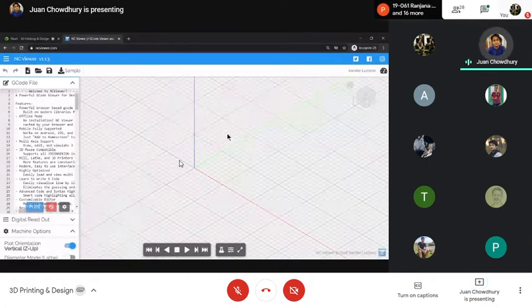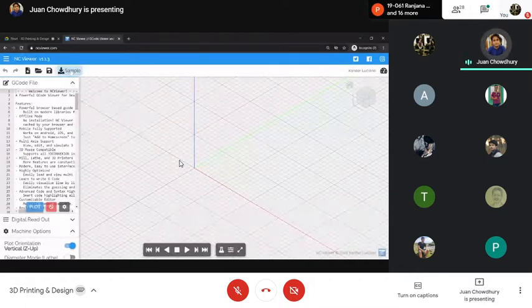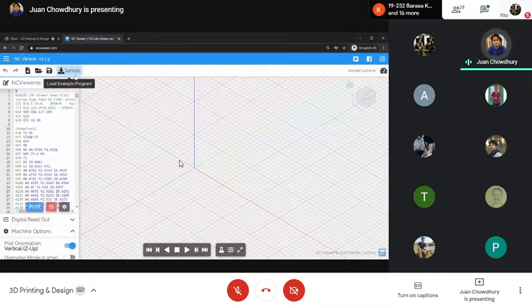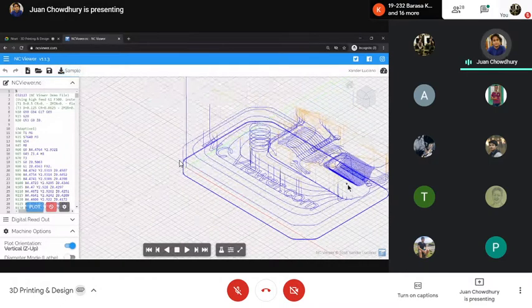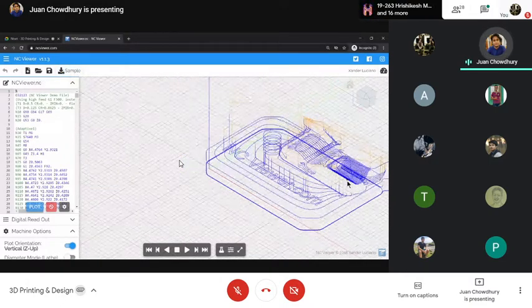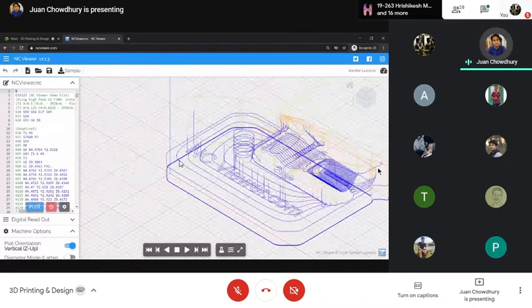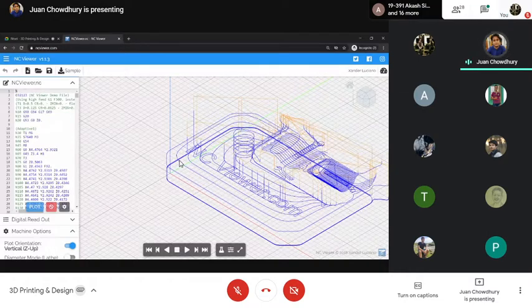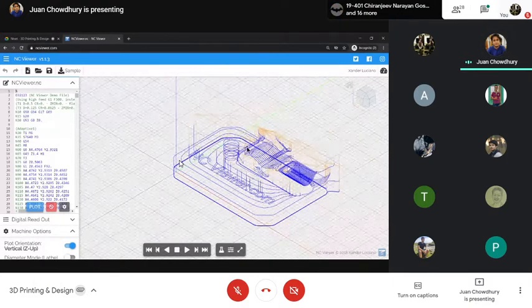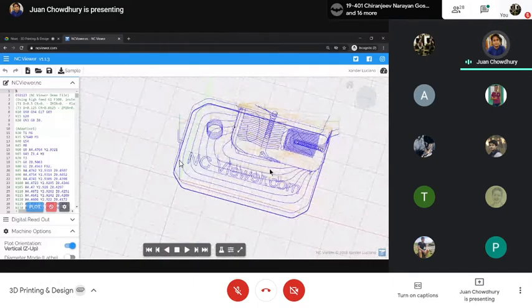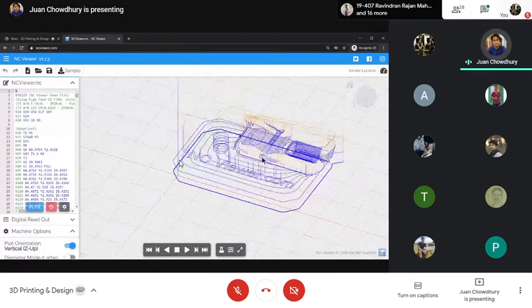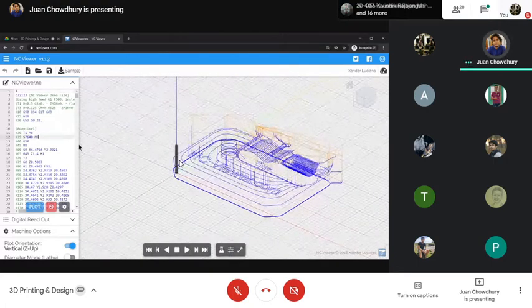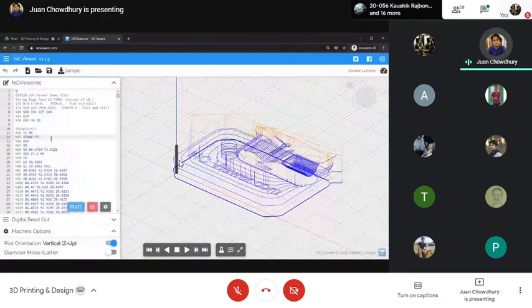There's a coordinate system that we are looking at, and a small button called sample. Let me load this sample program. If you want to 3D print this part, or even if you replace the extruder with a drill and put in a solid block of metal, wood or paper, it is going to cut out all these parts. All the tool trajectories are given, and on the left of the screen you can see all the G code and M code.